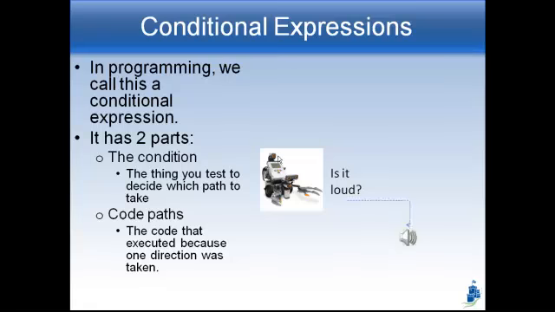So there are two paths for this one, maybe go and turn and make a sound, or maybe turn left and do something else. These different code paths are a result of the different conditions. So that's a conditional expression. We have two things, the condition, which is a question that we ask, something that we test to decide which path to take, and the code paths are what things happen as a result of the answer to that question.